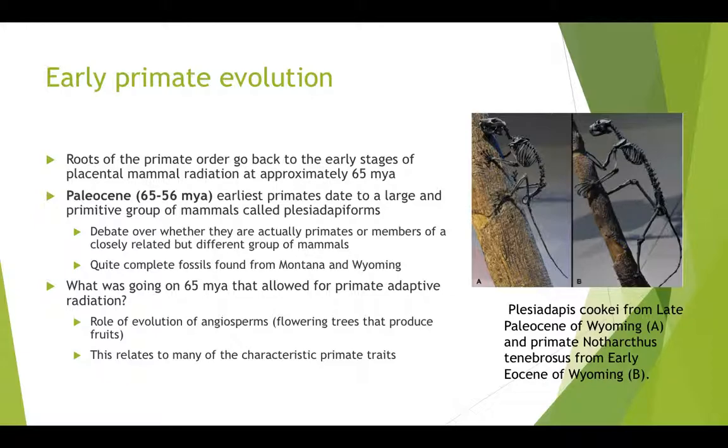So this role of angiosperms, or flowering trees, flowering plants that produce fruits, is really key in driving some of these major defining features of primates. We talked about these two lectures ago. We talked about this loss of the sense of smell, this shift towards visual acuity, including three dimensions and color vision. We talked about the grasping thumb.